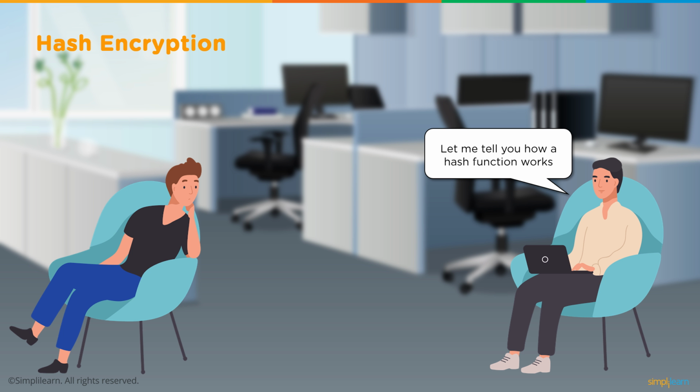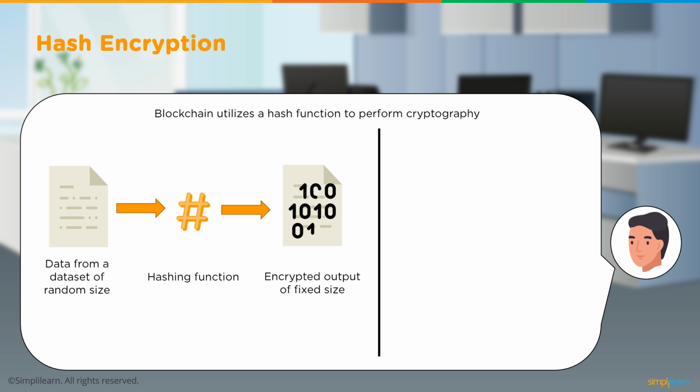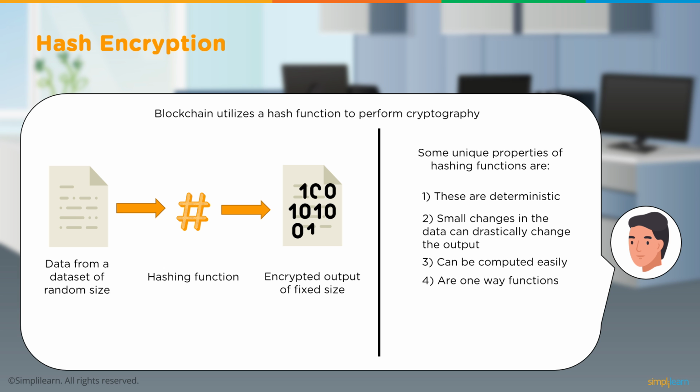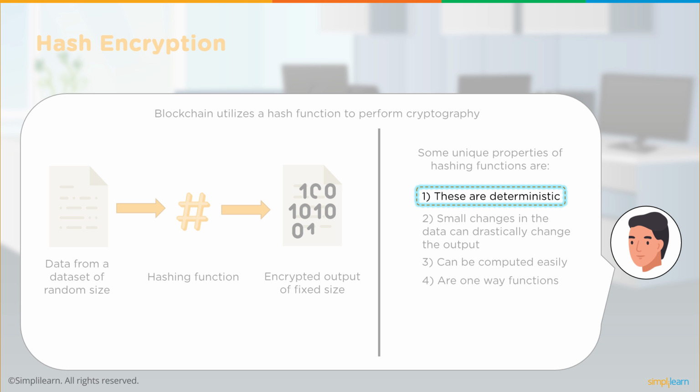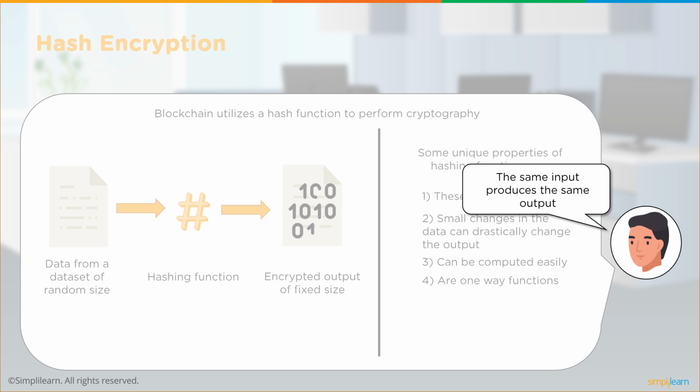Now let me tell you how a hash function works. Blockchain utilizes a hash function to perform cryptography. Data from a data set of random size is sent as input to a hashing function to get an encrypted value of fixed size, and that is the feature of any hashing function. Some unique properties of hashing functions are these: they are deterministic. The same input will always produce the same hash output.